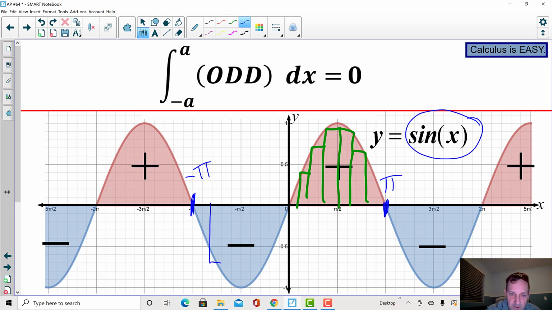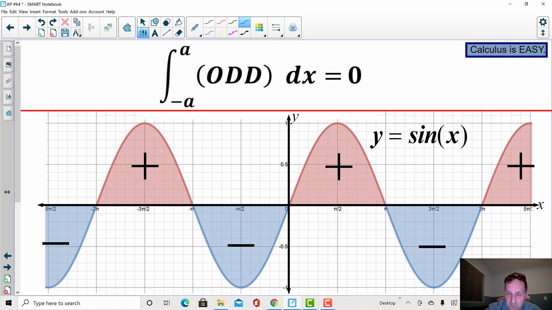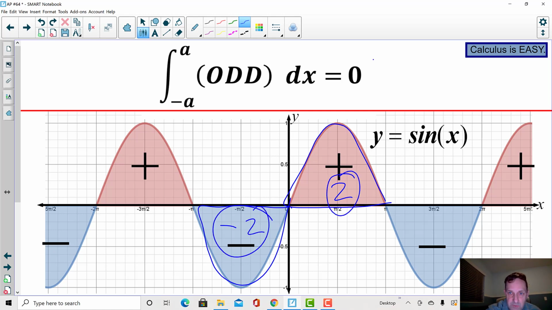Then over here, every y value is negative, so you have the same area, but it's negative. So to be more specific, the area of this shaded region here is going to be positive 2, and the area of this shaded region down here is negative 2. When you add a negative 2 with a positive 2, you get 0.